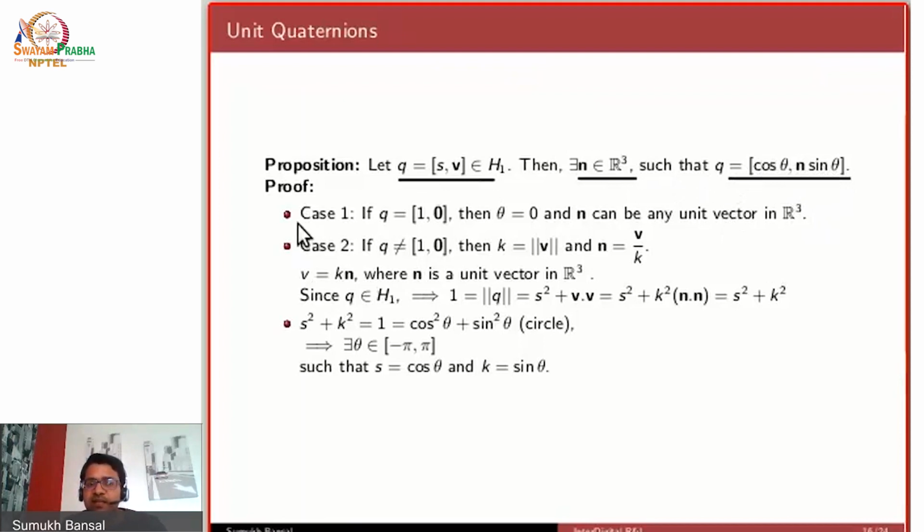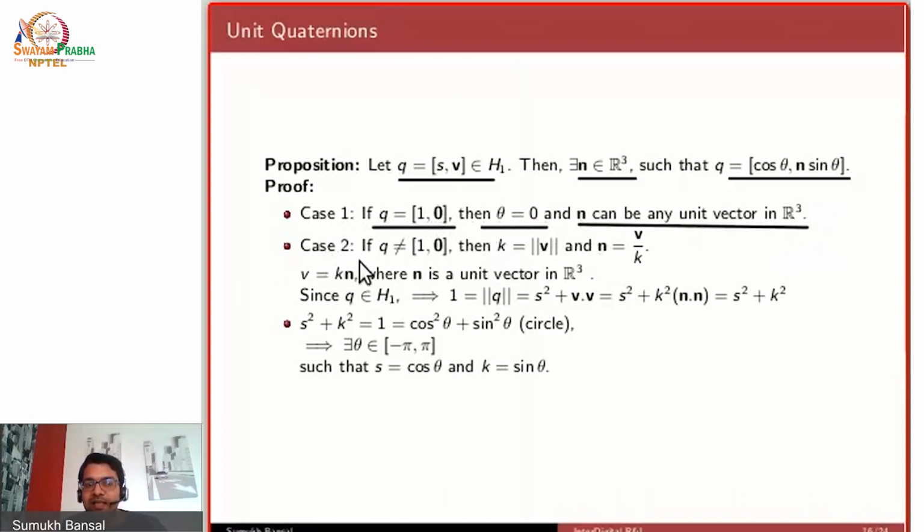There can be two cases. For the first case, let us say that Q is equal to (1, 0). 1 is the scalar component and 0 is the vector component. If this is the case, then n can be any unit vector and theta is assigned to be 0. This is a trivial case, so nothing interesting about it.